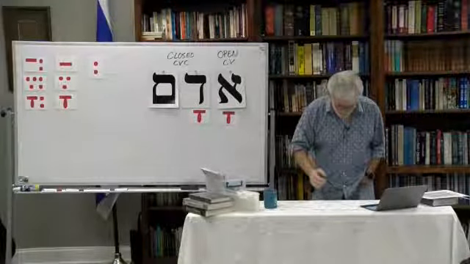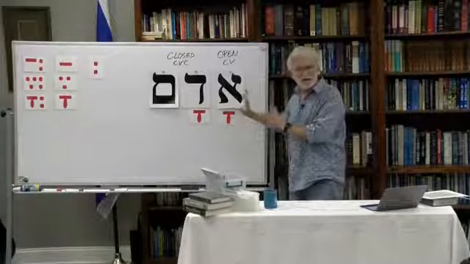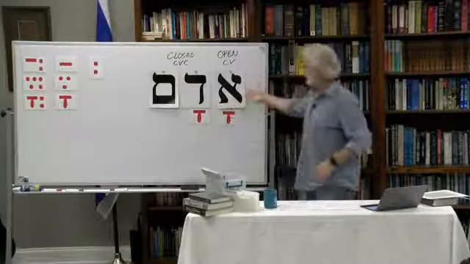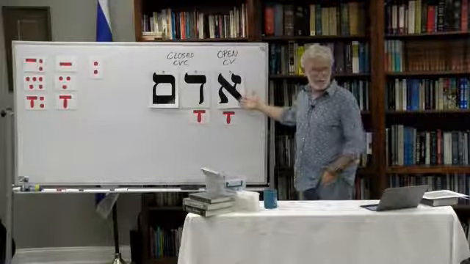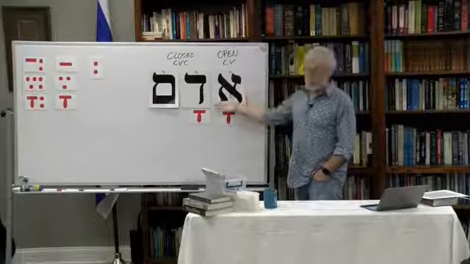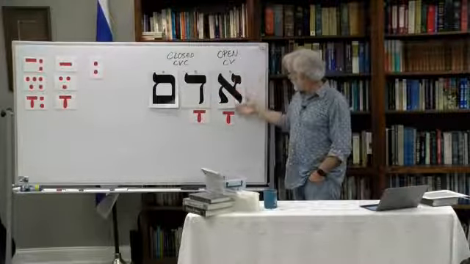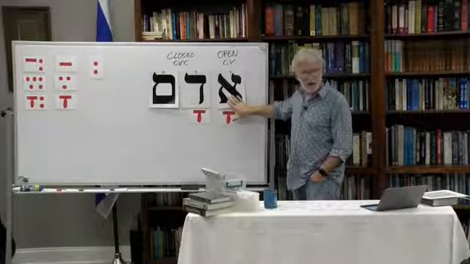Okay? So if we look at our word here, I'm going to create a little bit of space. This word that I'm using as my illustrative point is the word in Hebrew, Adam. You'll see here we have a consonant and a vowel, ah.